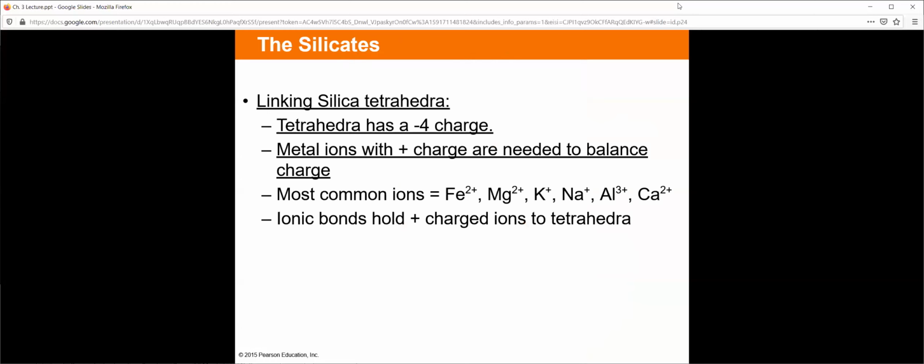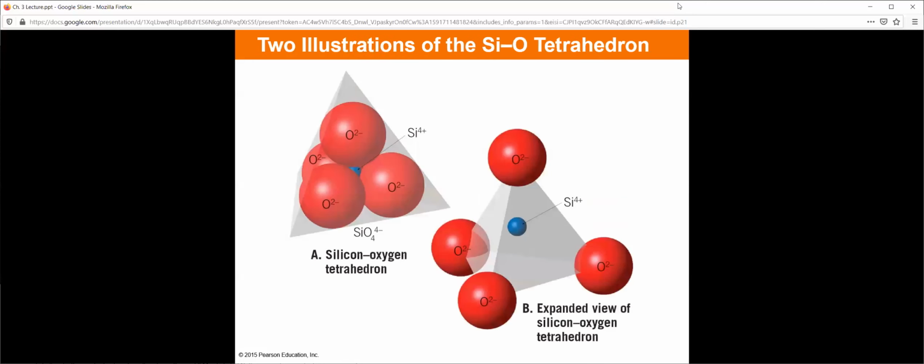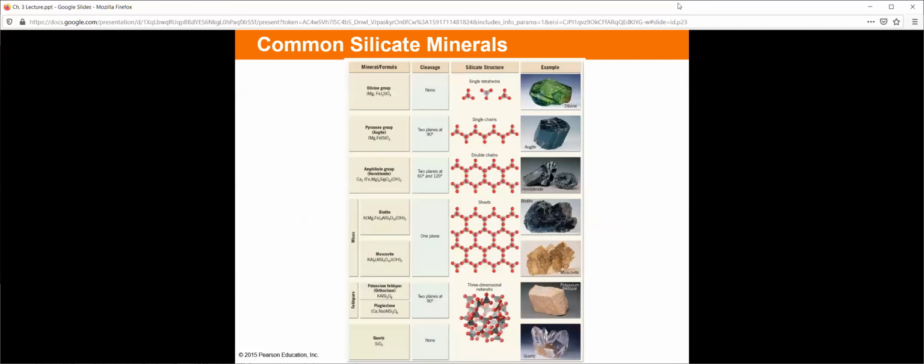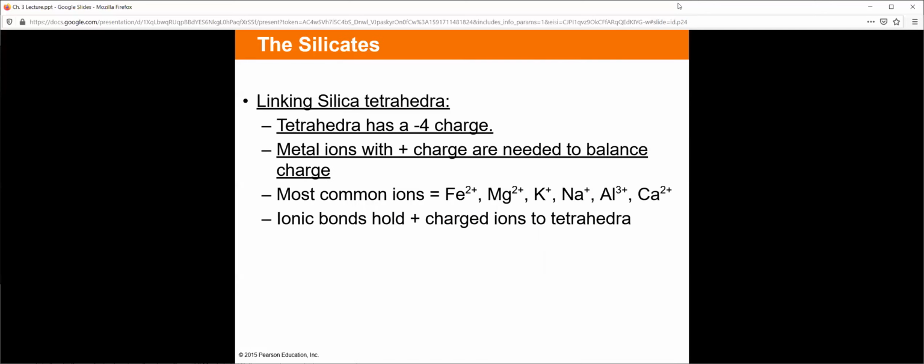So, as I said, we have these silica tetrahedra compounds, and they, as was shown back here, form at a -4 charge. Again, you have to go into oxygen and silicon, the common ions and things like that. So tetrahedra form at a -4 charge. Metal ions with a positive charge are needed to balance this out.